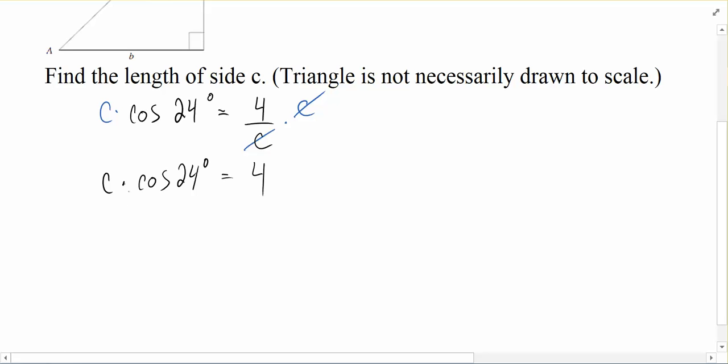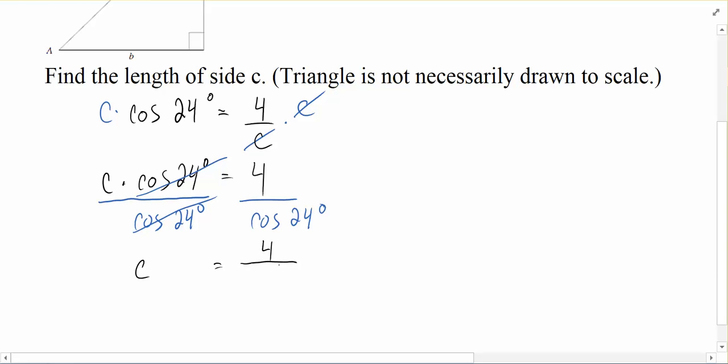But what we have now is a number times c. So if I want to get c by itself, I can divide both sides by this number, cosine 24 degrees. So that's going to go away on the left, so that all I'm left with on the left is c. And on the right, I have 4 over cosine 24 degrees.